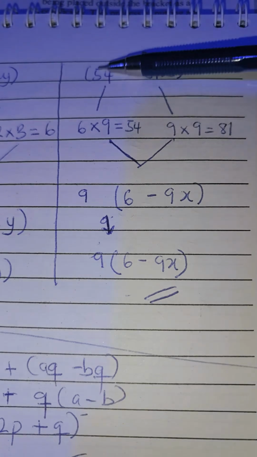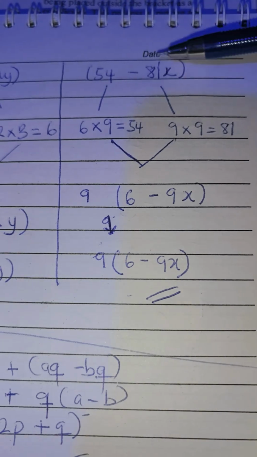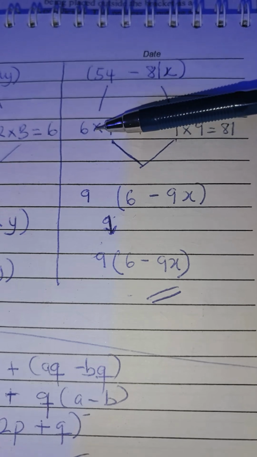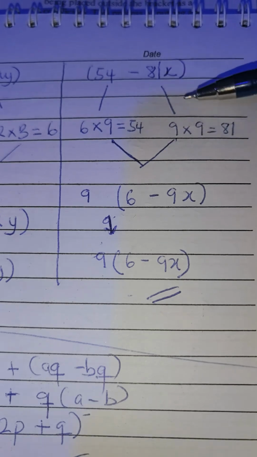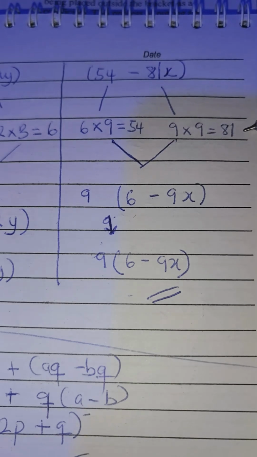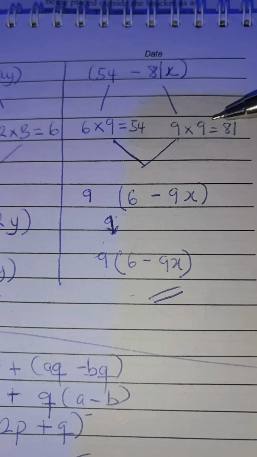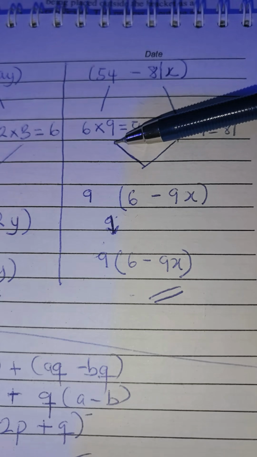Now, still tackling the constant first, 54 and then 81. Bring it down. The factors of 54, we have 6 and 9, right? Then for 81, we have 9 by 9, 81. Now, look at these factors: 6, 9, 9, 9. Which one is common, which appears under 81 and appears under 54? We have 9.